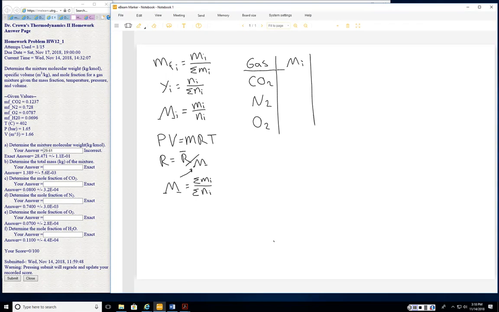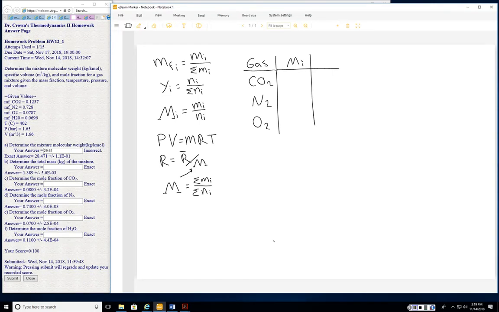And if we go to table A1 in the appendix, you can find each of these. Let me turn there. And you'll see that the first column is the substance or the gas, the second is the chemical formula, and the third is the molar mass or molecular weight.